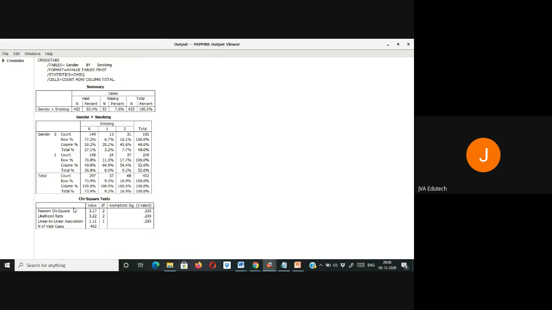So now if I want to write its interpretation, what can I write? See, chi-square at degree of freedom 2 is equal to 3.17.